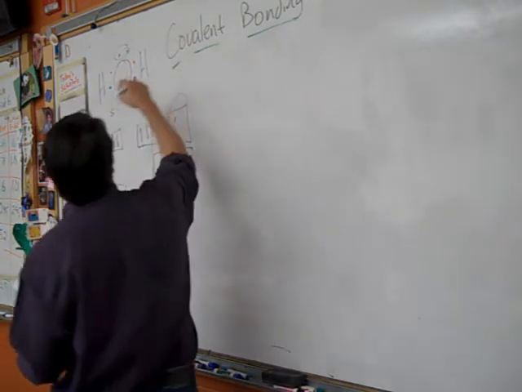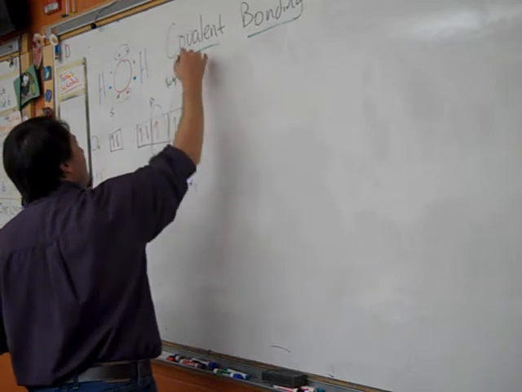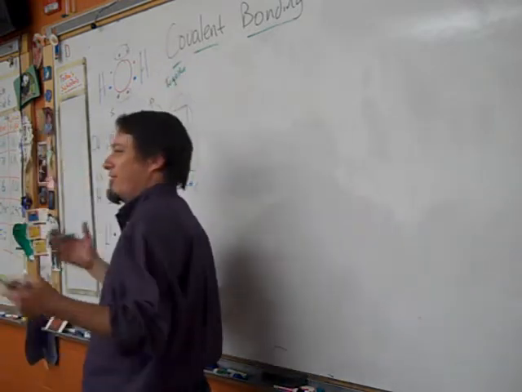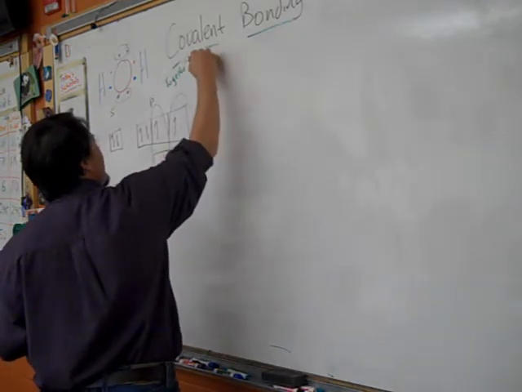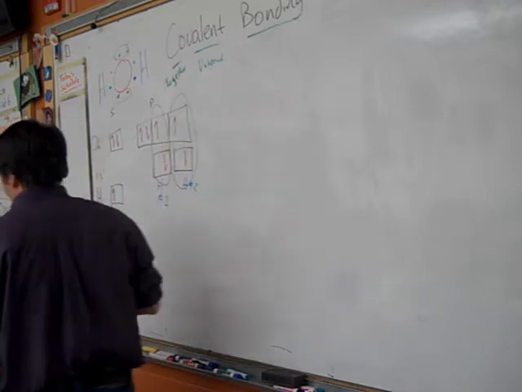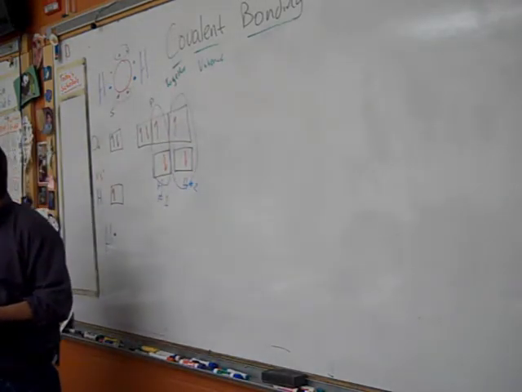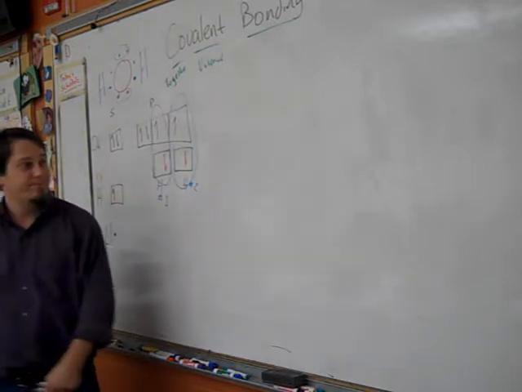Co, together, and valent, meaning the outer electrons. I don't know the Greek root or whatever. I'm just saying covalent. They share their valence electrons, so that everybody can be happy. Valence? Yeah, valence electrons are your outer electrons. Sorry if I'm not smart.